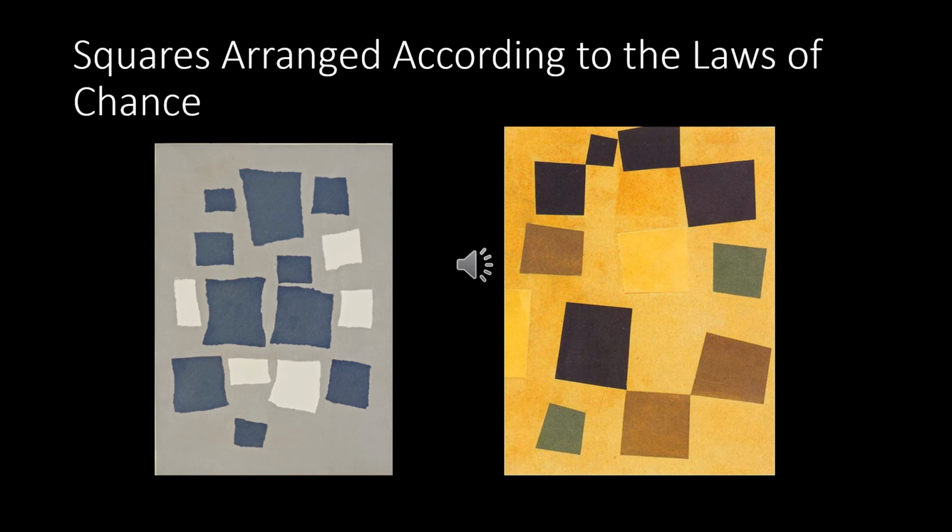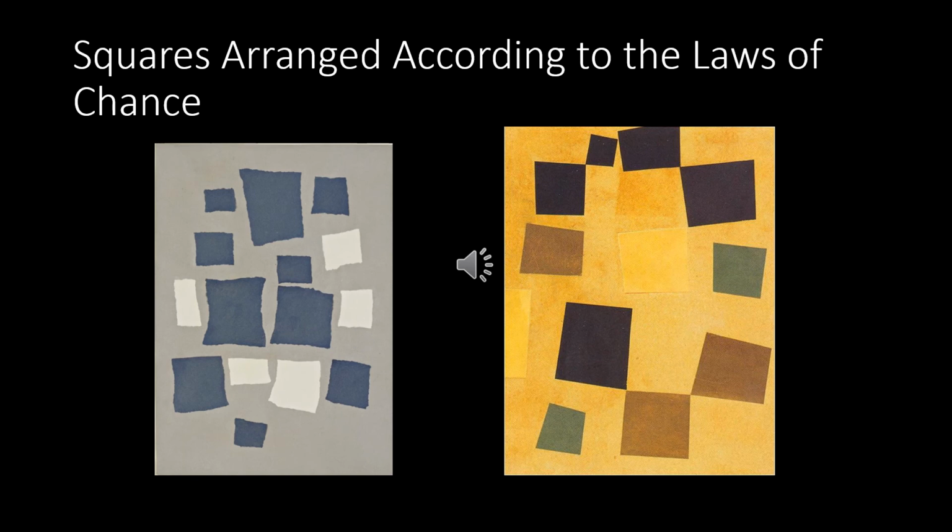And in the moment that the pieces of paper landed on the floor, he realized that these squares had arranged themselves in a way that appealed to him, that it accomplished what his rational mind couldn't accomplish. He found that the composition was appealing and balanced, and it's what he was trying to get to, but he couldn't.